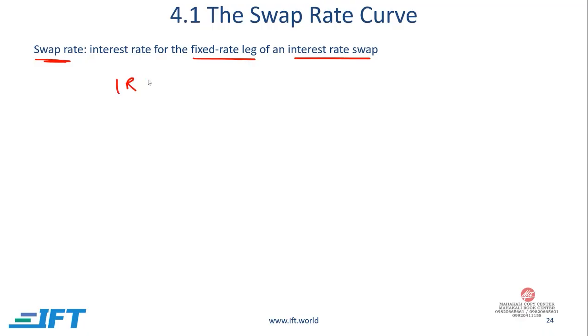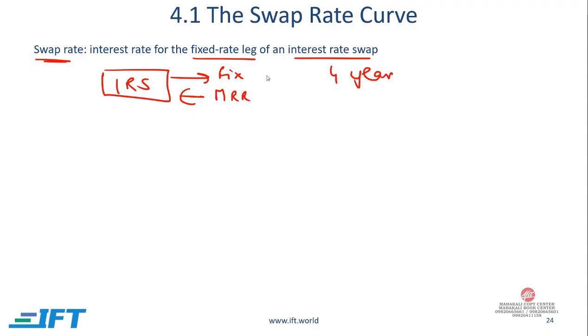So if we have an interest rate swap, there will be a fixed leg and a floating leg. The floating leg could be LIBOR or it could be some other market reference rate. This fixed leg represents the swap rate. Let's say we have a 4-year swap.